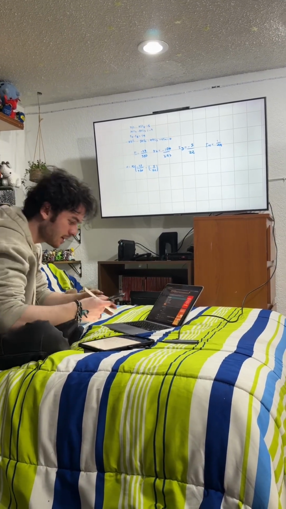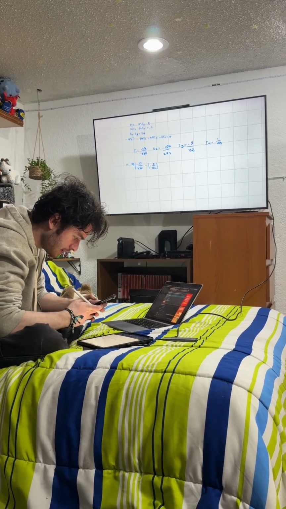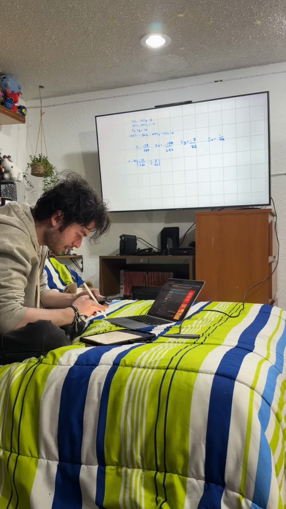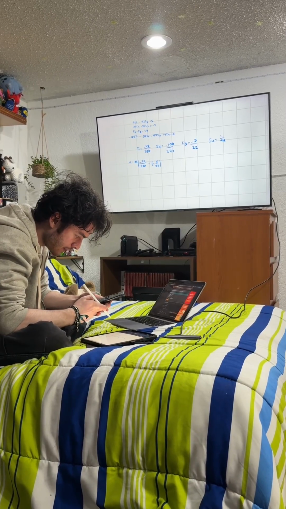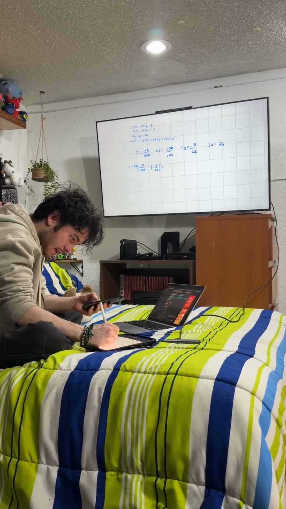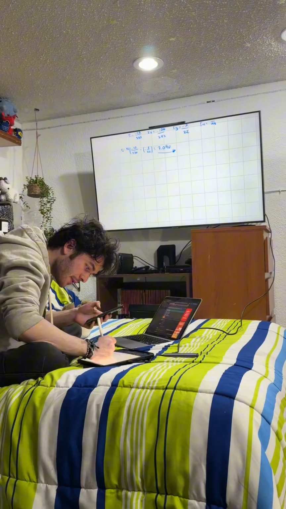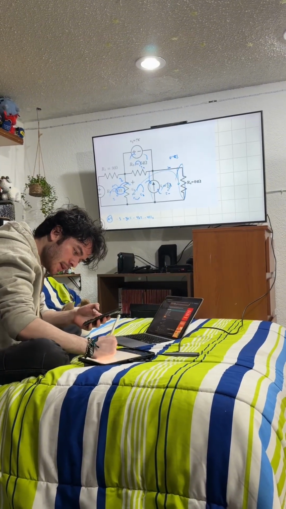We can put these on our calculator, and this will be 45 times minus 23 over 330 minus 5 over 22. This is equal to 7.09 volts. That's Vx.